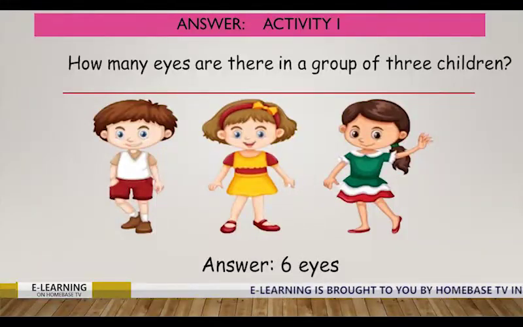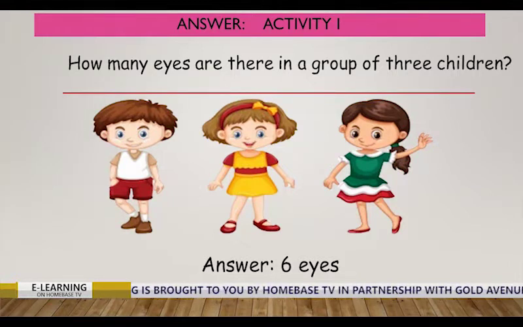Now for activity 1, you are to count the number of eyes you see on your screen. Can we count them together? 1, 2, 3, 4, 5, and 6. The first one in the white had 2.